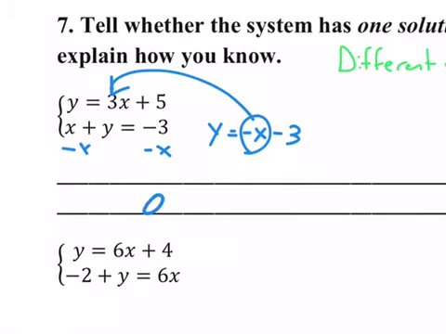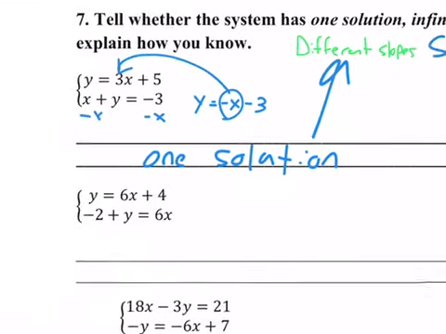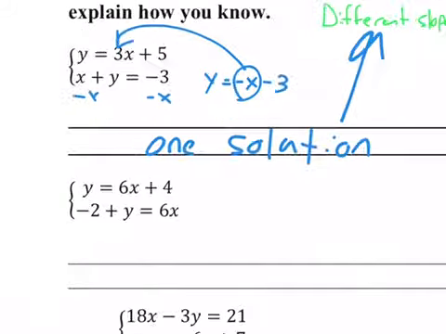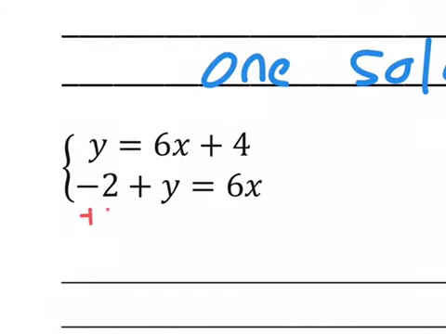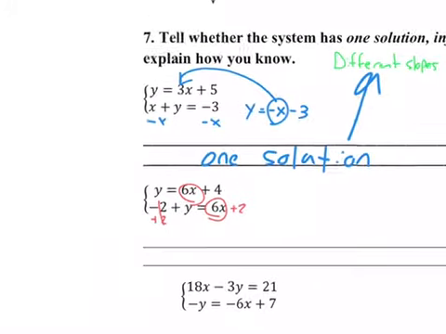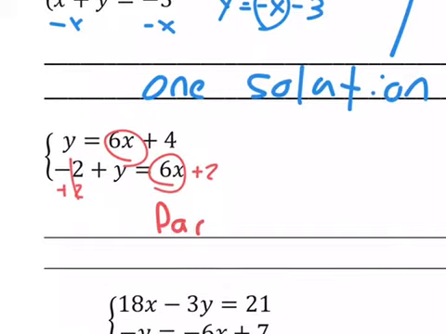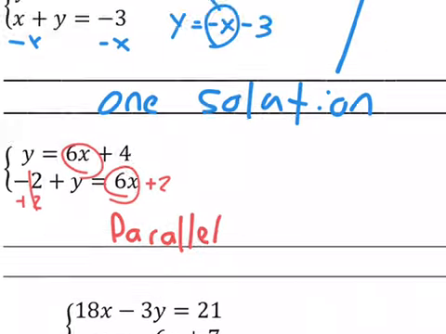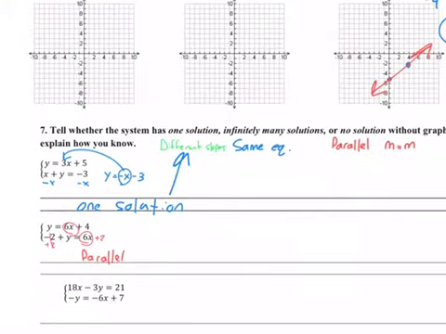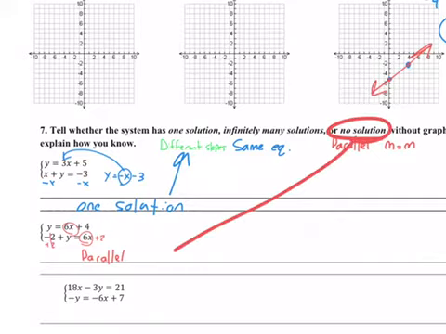All right, so this is one solution because they have different slopes. All right, this equation here. I could add the 2 to the other side, but that's not going to help the fact that they have the same slopes. So these are parallel. So that makes them no solution.